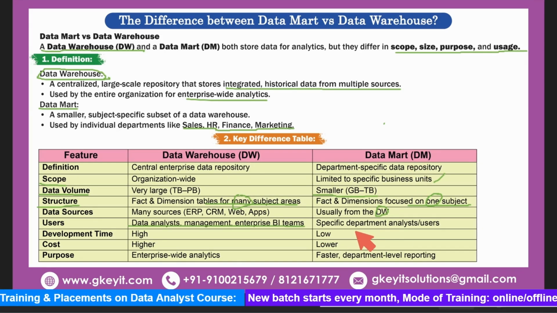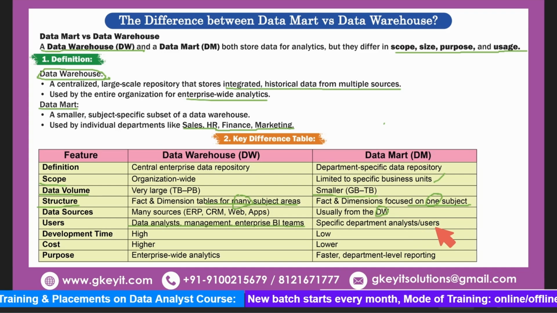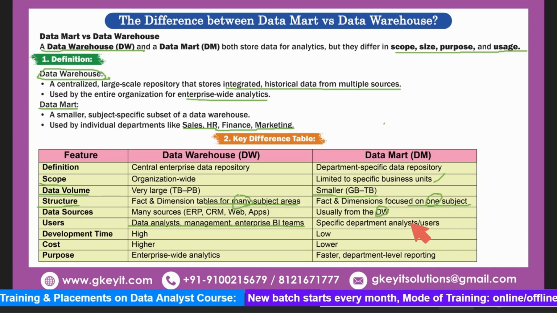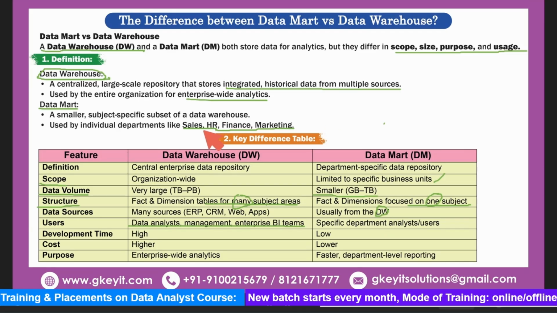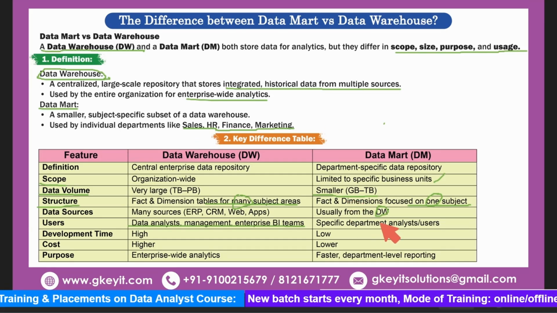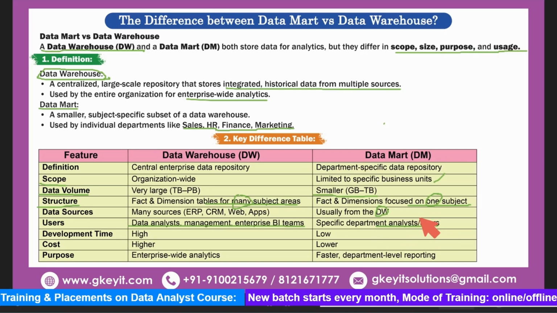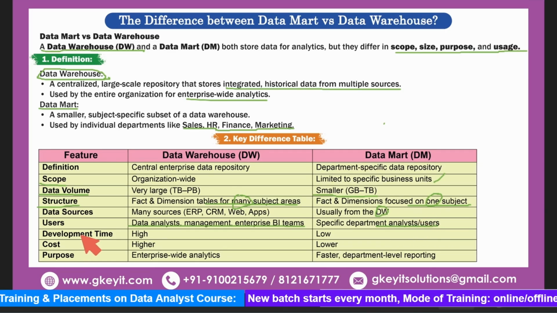Whereas for a data mart, specific department analysts or users are going to use it, because it is specific to sales, HR, finance and marketing. If there is data for sales or HR, those specific departmental analysts or users are going to use these data marts.